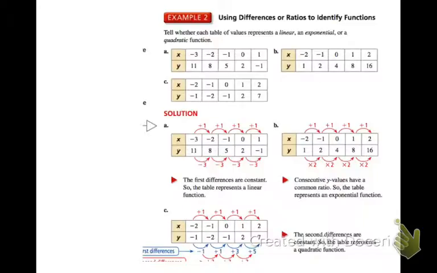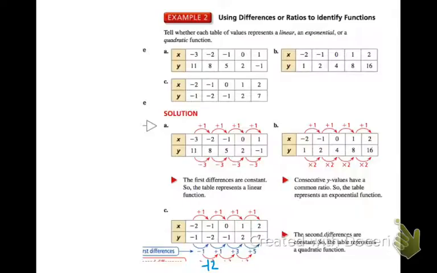So the x is increasing by 1, but the y, the first difference, decreases by 1, increases by 1, increases by 3, increases by 5. So one thing you could do is possibly look for the common ratio, but we cannot find one. So then you look for the common difference here, and what that means, the second difference between -1 and +1, and this kind of got cut off at the bottom here, is +2.